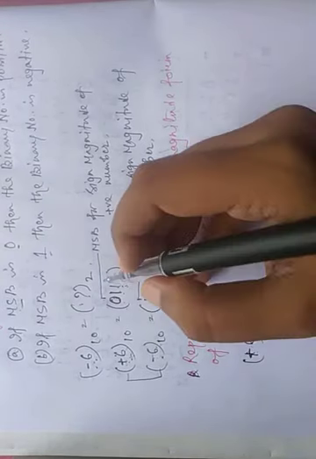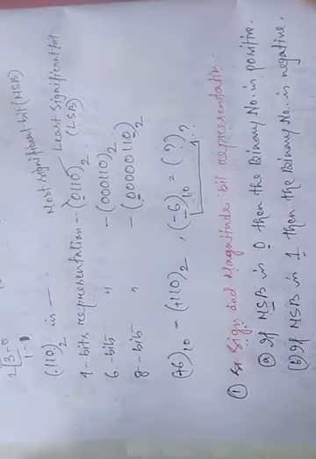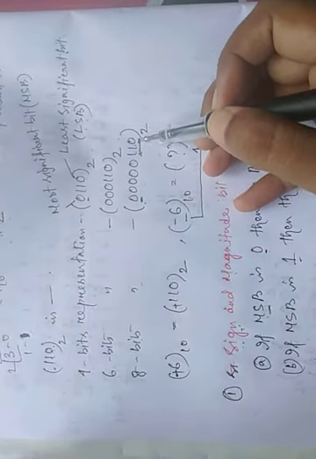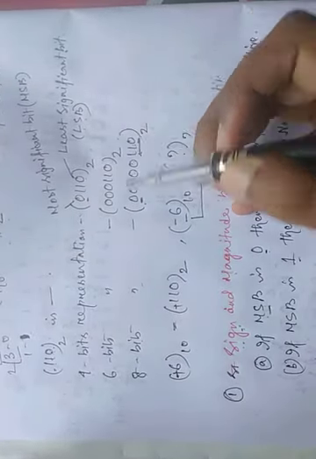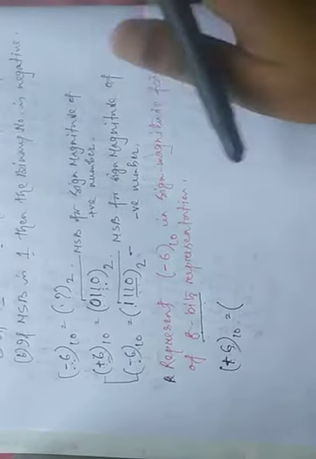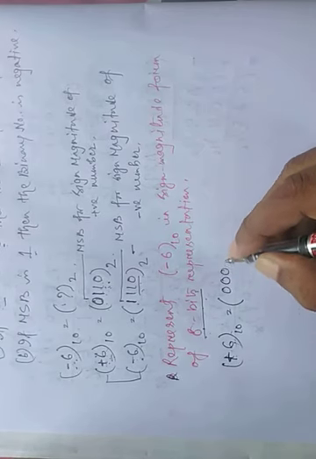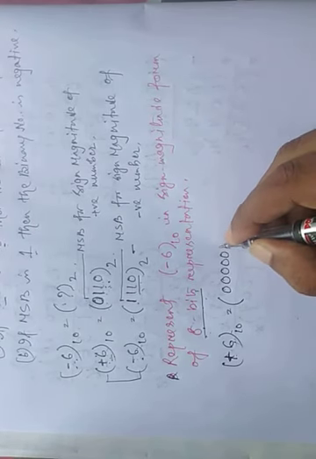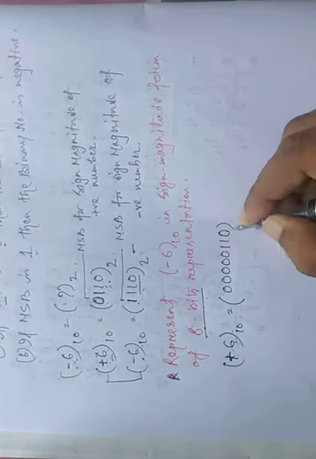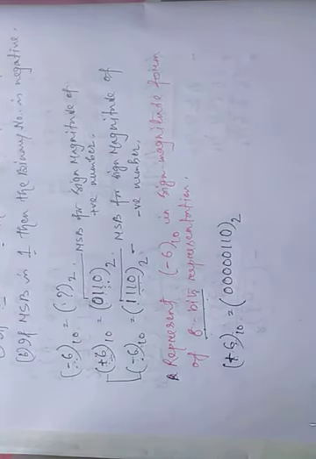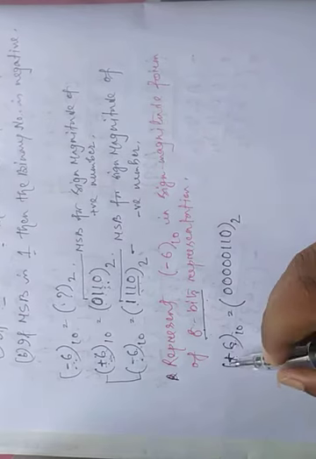For 8-bit, we have to add 5 extra 0s on the left-hand side. So +6 is 00000110. This is positive +6.